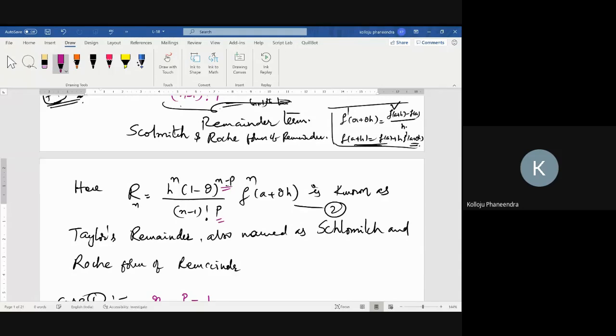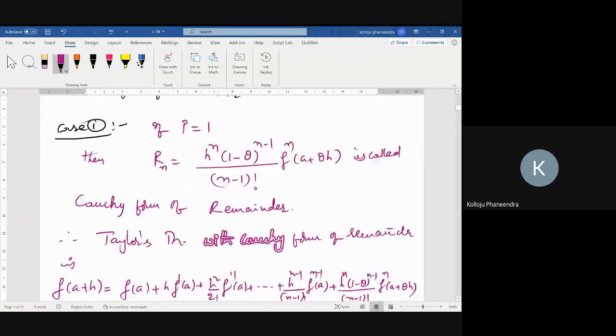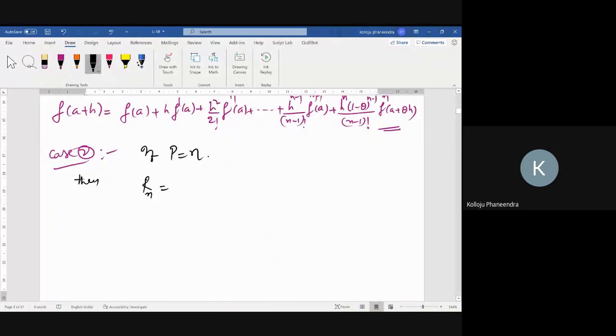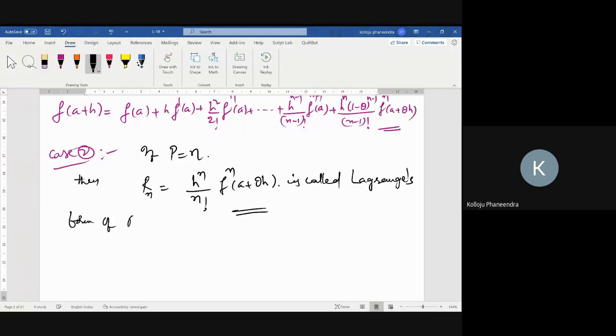And p equal to n means n minus 1 factorial into n gives n factorial. So if p equal to n, Rn is h to the power of n by n factorial f n a plus theta h. This is important, you have to remember this: this remainder is called Lagrange's form of remainder.